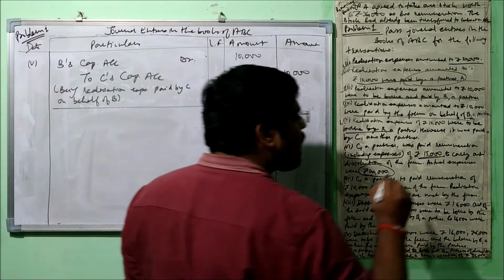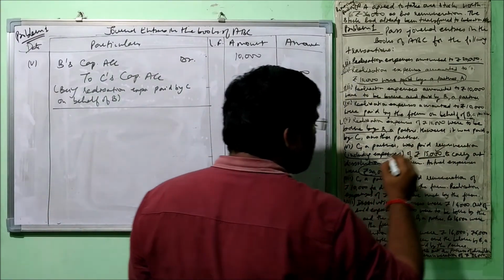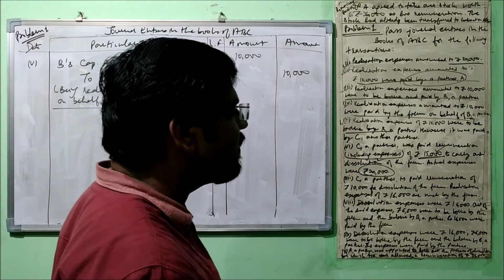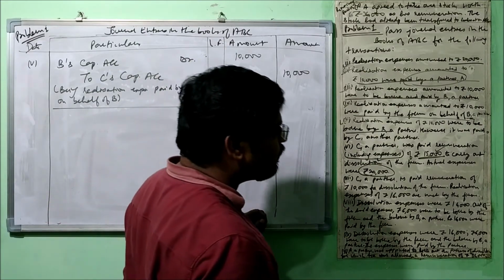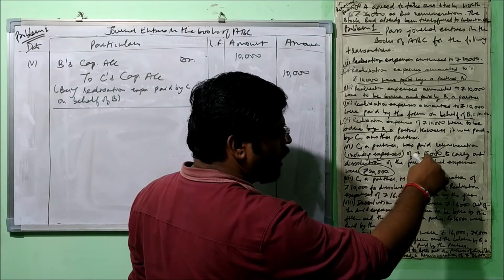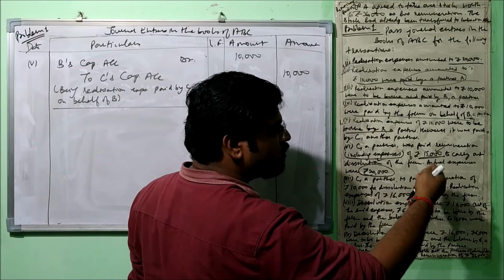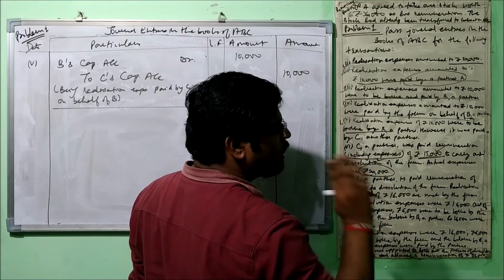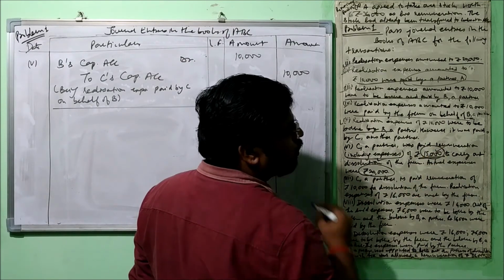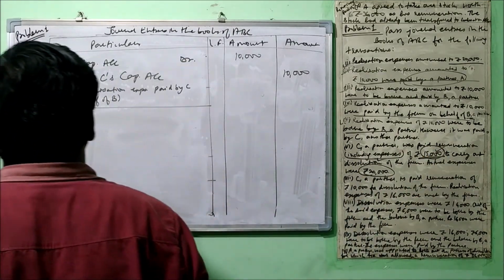Okay, we will pass entry with this amount. Why? Because this is including expenses. Now it becomes the partner's efficiency whether he finishes all the expenses process within this 15,000 or less than 15,000 or more than 15,000. That is not our concern. We will pass entry only with this amount. Okay, so let's pass the entry here.